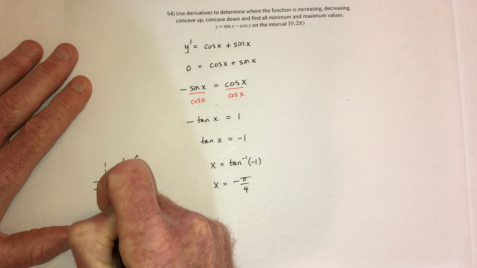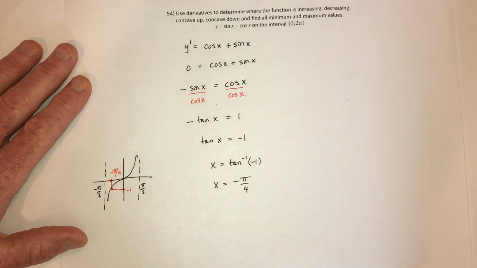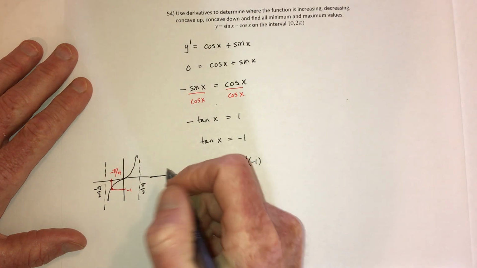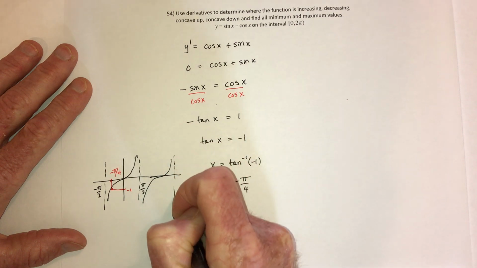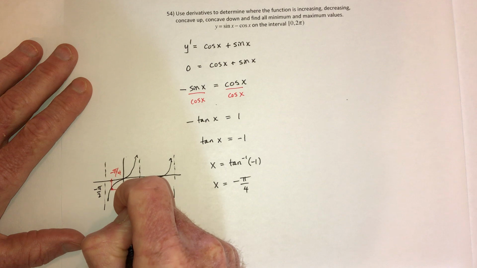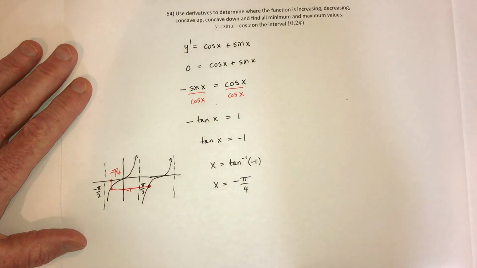If you go across, this is at negative pi over 4. But we want positive answers. So you could draw another branch of tangent. And if you follow the negative 1 across, there's going to be another answer right here.